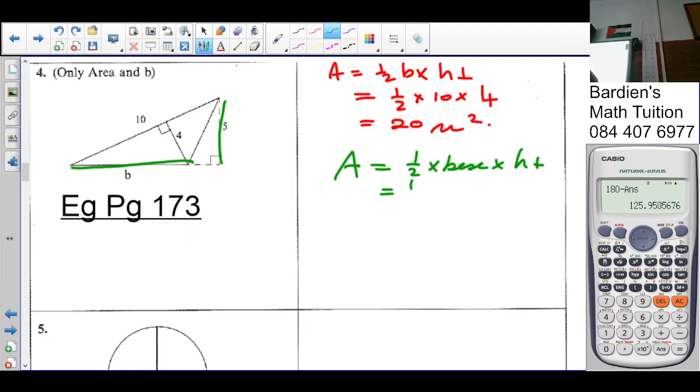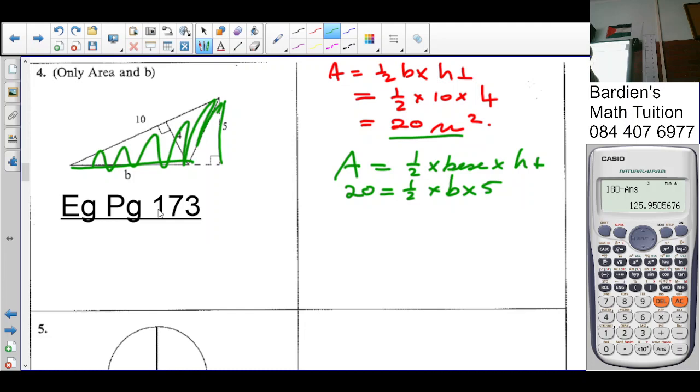So it's half. What's the length of this base here? B. What's the length of the perpendicular height? 5. But what's the area of this triangle? 20. How do we know that? It's coming from the previous calculation. Make sense, people? Okay.